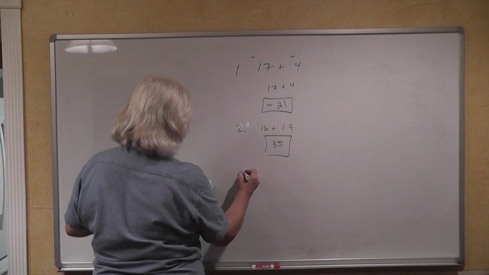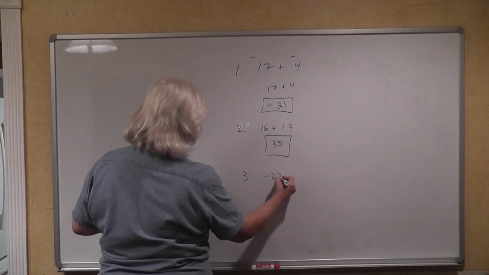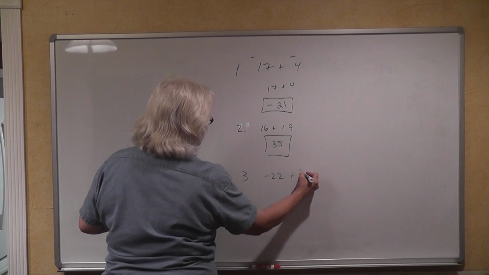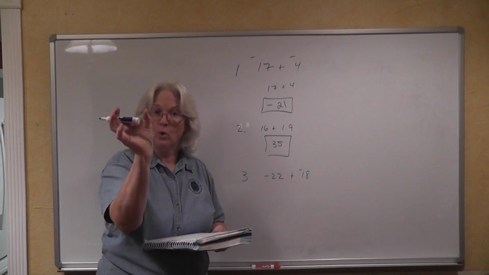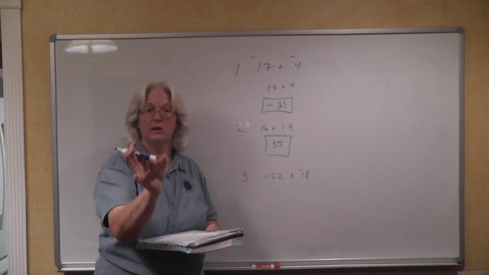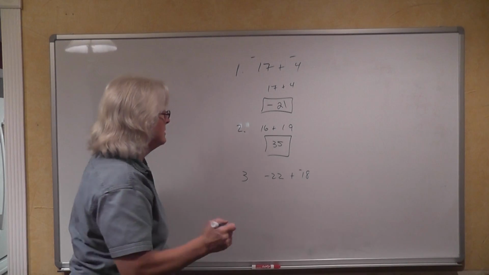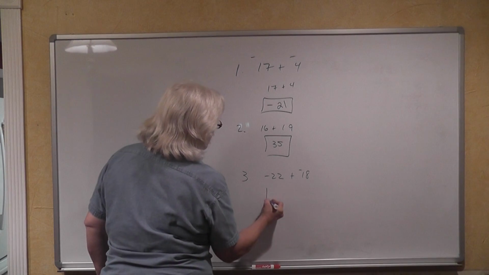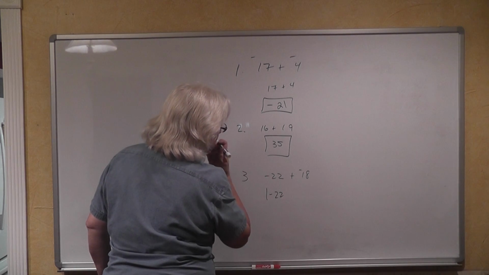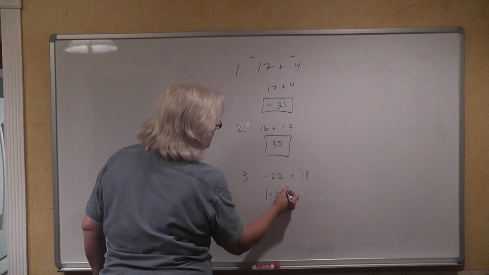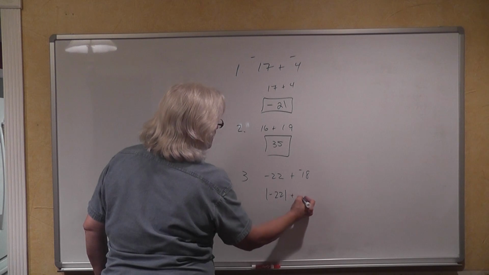Problem number 3, we have a negative 22 plus a negative 18. Now for some of you who might want to see where you're actually using those absolute value bars, we're going to find the absolute value of both of these numbers.